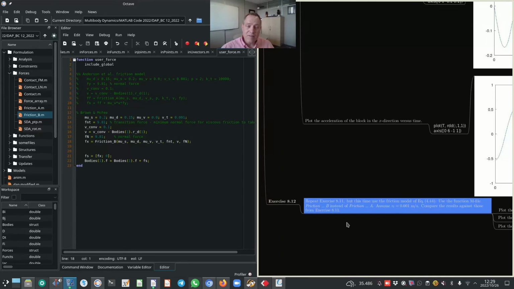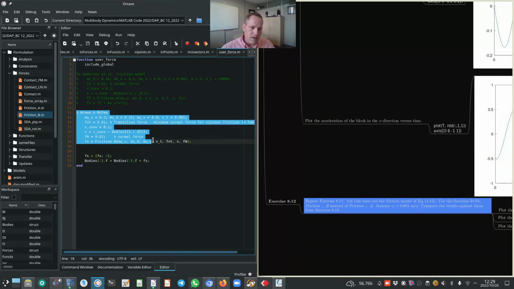To show you how I've implemented this friction_B, the call to friction_B in my user_force M file, I've just added this bottom portion over here. So let's go through it line by line.